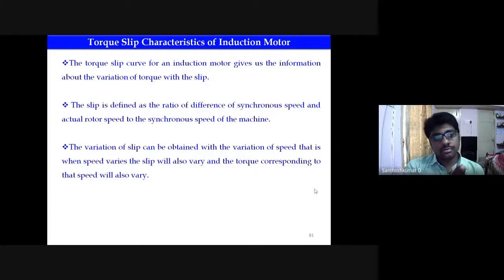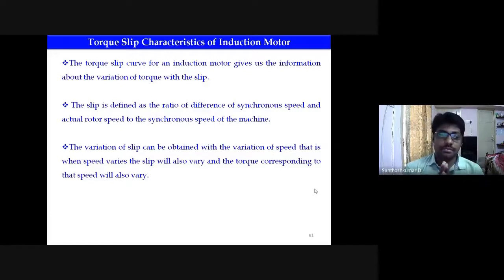Before we see the slip and torque characteristics, let us briefly refresh the previous session. What is slip? You all know that it is the ratio of the difference between synchronous speed and rotor speed to the synchronous speed of the machine. That is, S equals (ns minus nr) divided by ns.